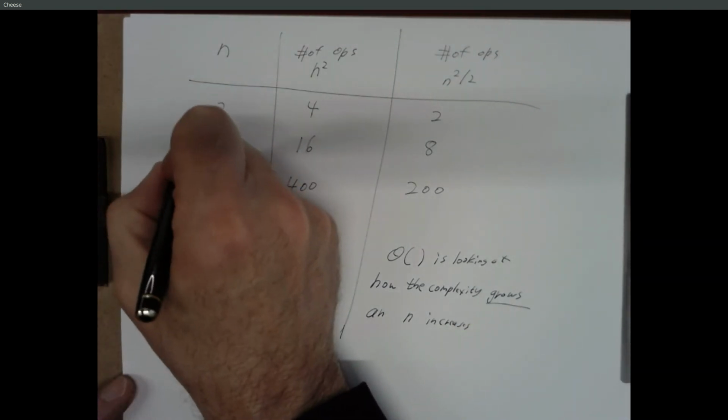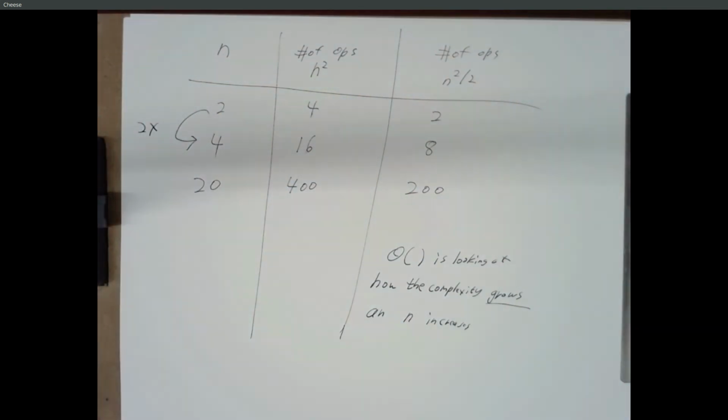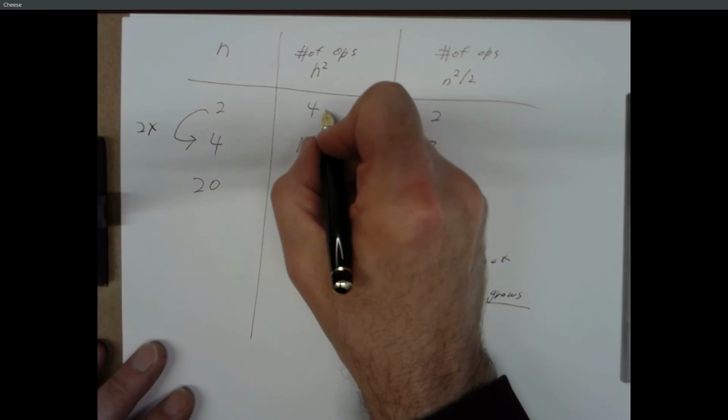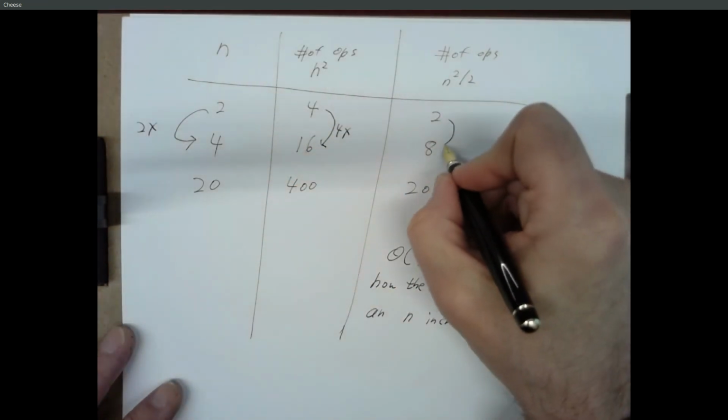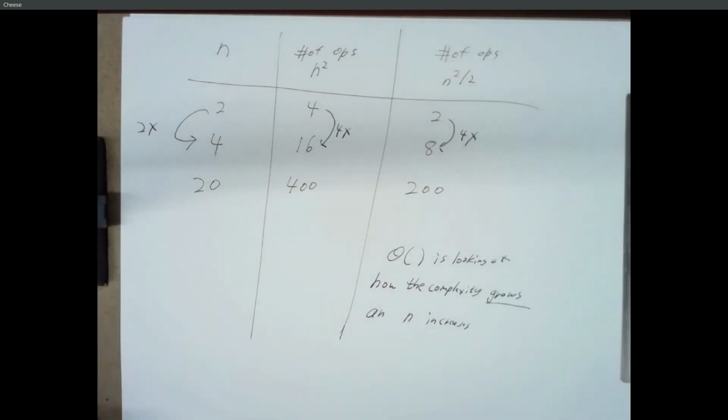So from here to here, n has doubled. The number of operations here has gone up by 4x. The number of operations here has gone up by 4x.